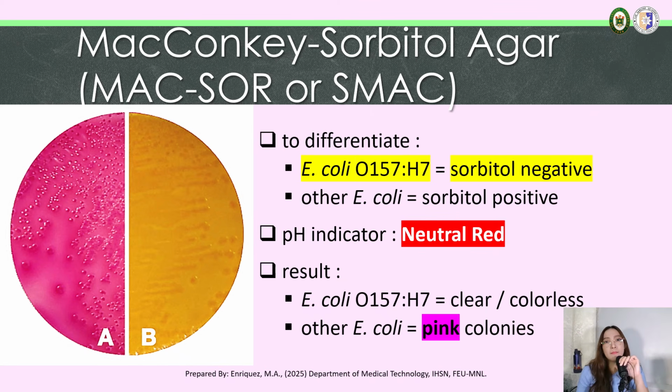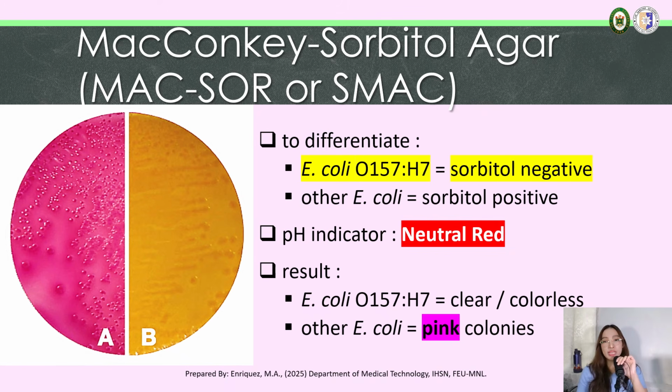So, Escherichia coli O157:H7 is negative for sorbitol fermentation. Okay, ulitin po natin. E. coli O157:H7 is not capable of fermenting or utilizing sorbitol. Meanwhile, all the other E. coli is positive for sorbitol fermentation.